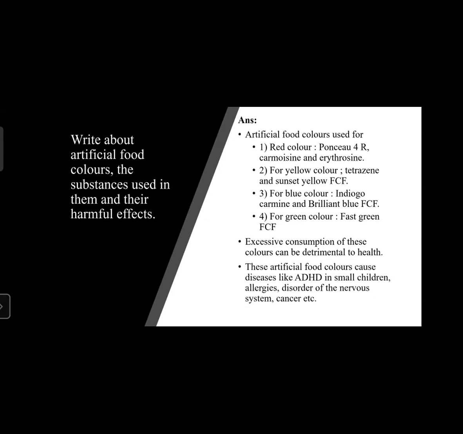These artificial food colors cause diseases like ADHD, attention deficit hyperactivity disorder, in small children, allergies, disorders of the nervous system, and in some cases, it may lead to cancerous growth also.